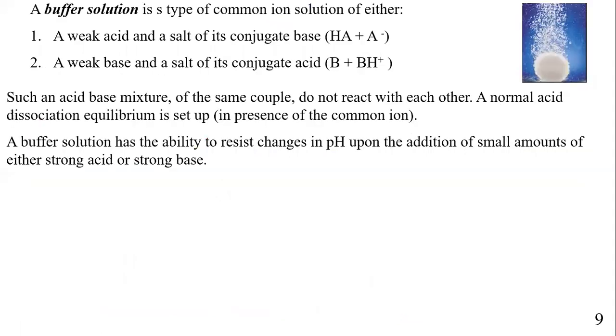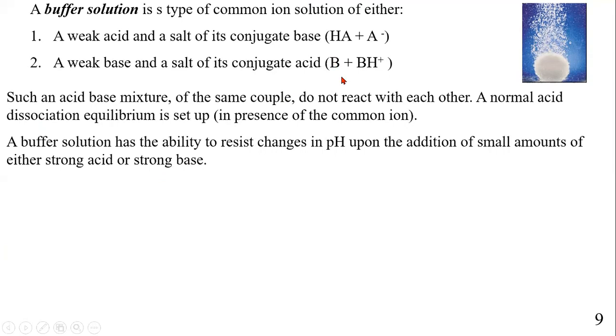Now, what is the difference between this common ion type solution and the one we just discussed? And that is the actual concentrations that we use, okay? In a buffer solution, whether we have a weak acid and its conjugate base, or a weak base and its conjugate acid, these acids or bases have to be weak.